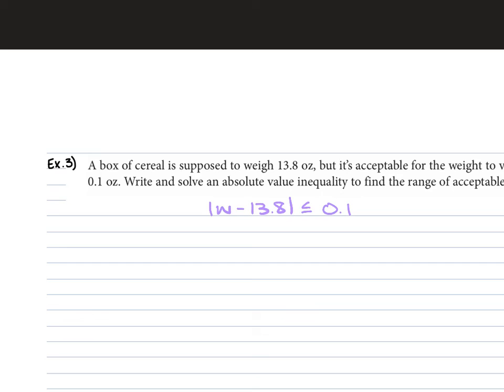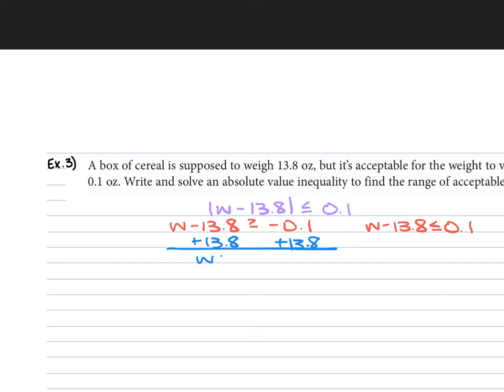So we are going to form our two inequalities. W minus 13.8 is greater than or equal to negative 0.1, as well as W minus 13.8 is less than or equal to 0.1. Move the 13.8 by adding it to both sides.